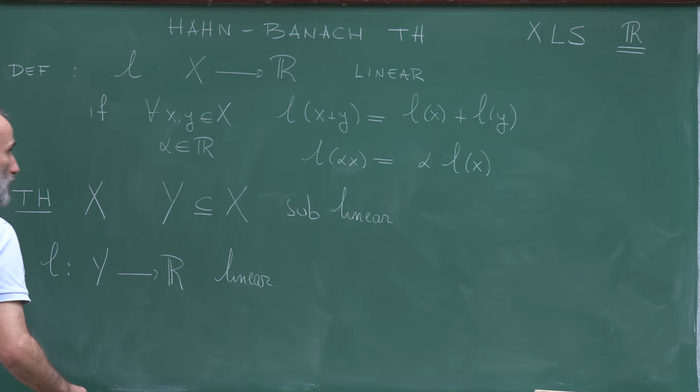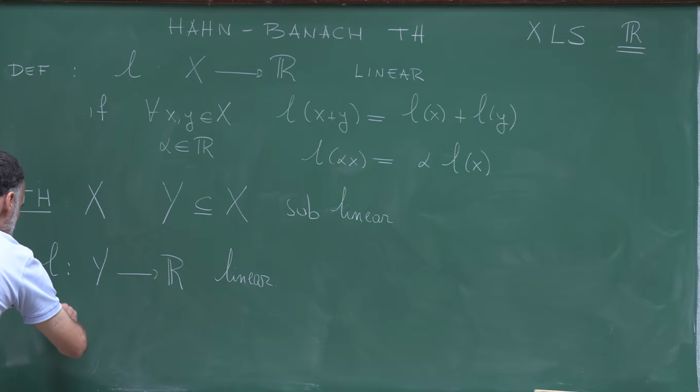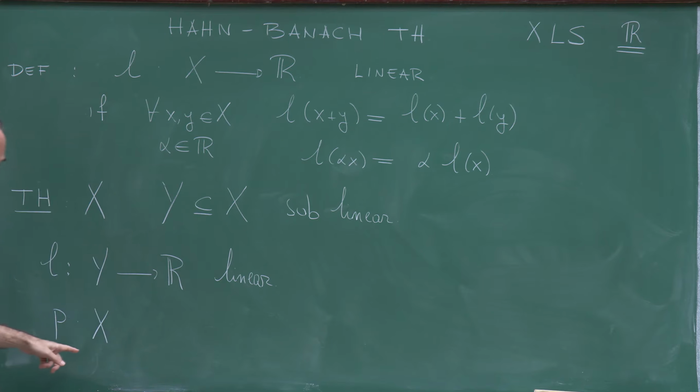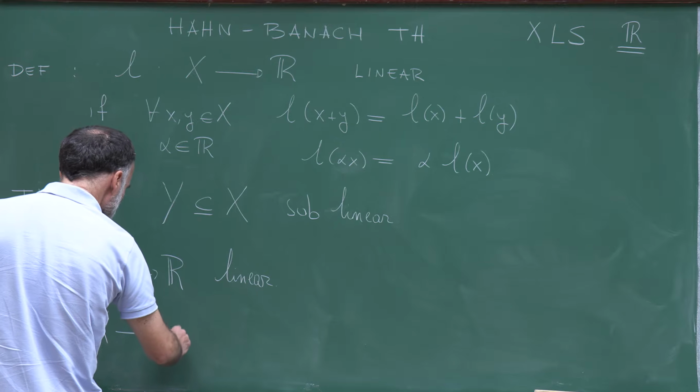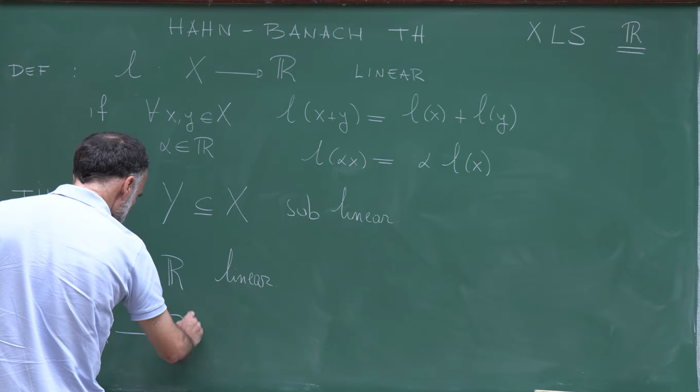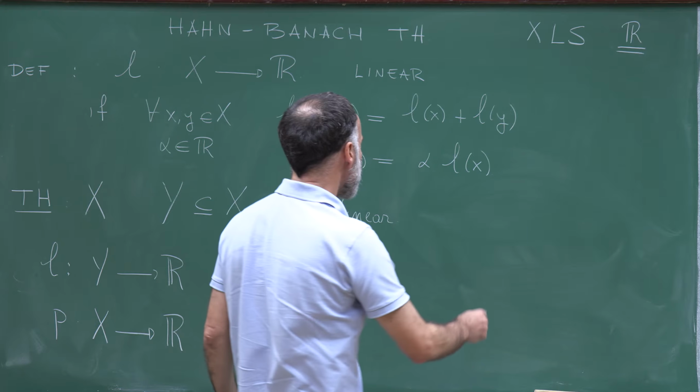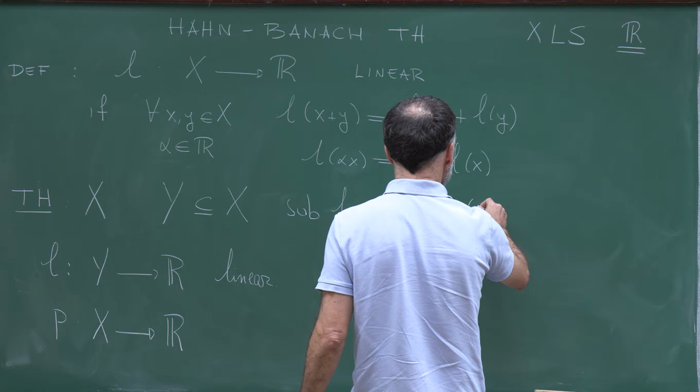I'll assume that there exists P, which is defined on the whole space. So in contrast with L, P is defined in the whole space. And P, well, it's not linear, but it satisfies two properties.